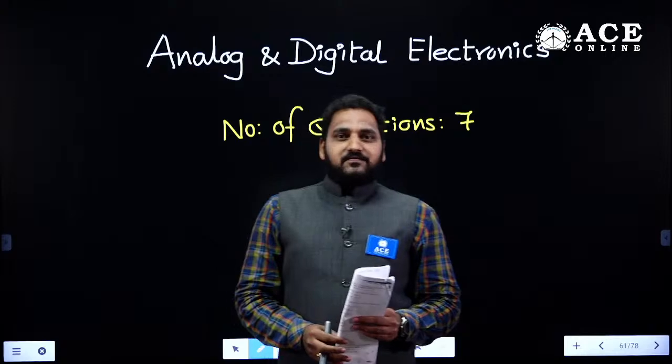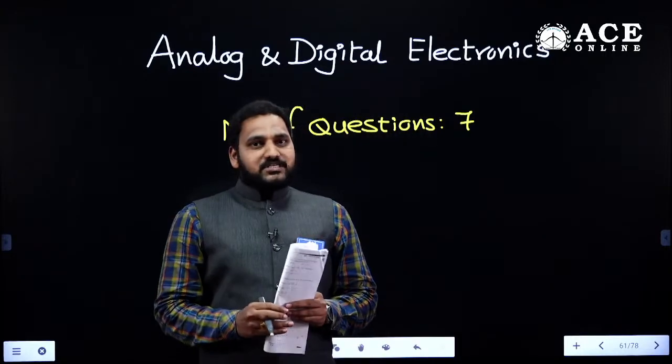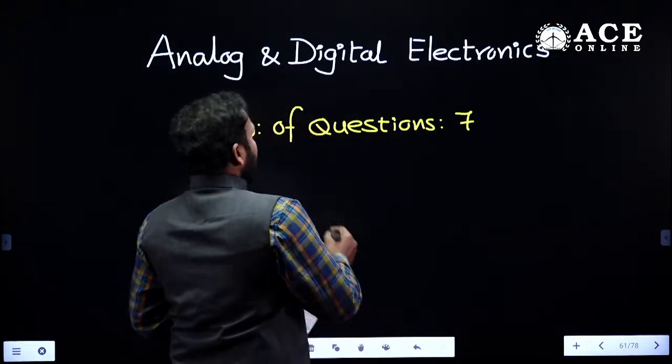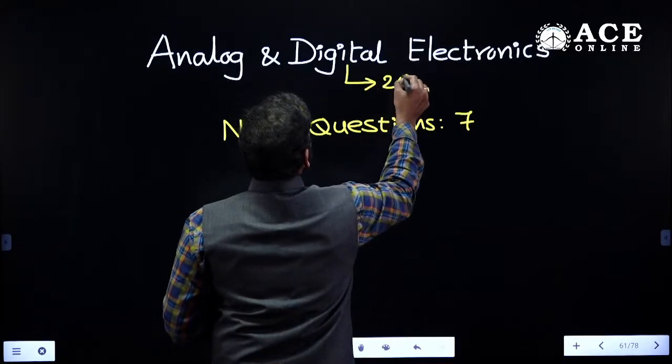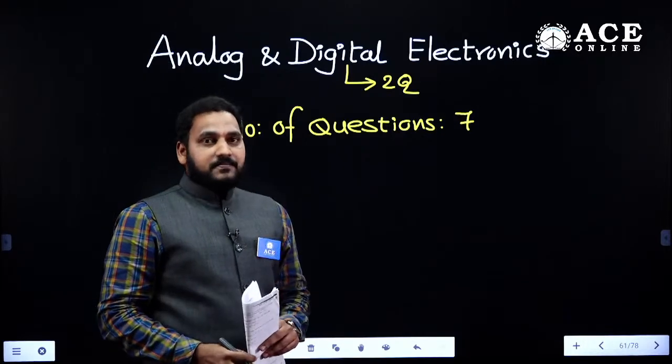Hello friends, myself Sriram. I am going to discuss the analog and digital questions and their solutions. From digital electronics, they have given only 2 questions, and both are from a very basic level.